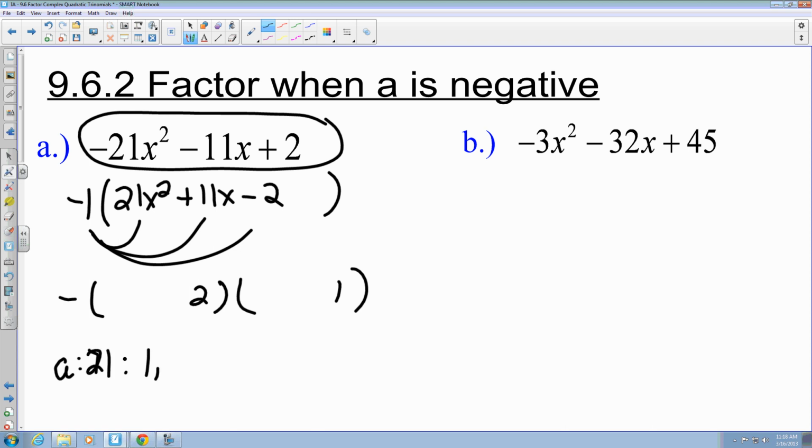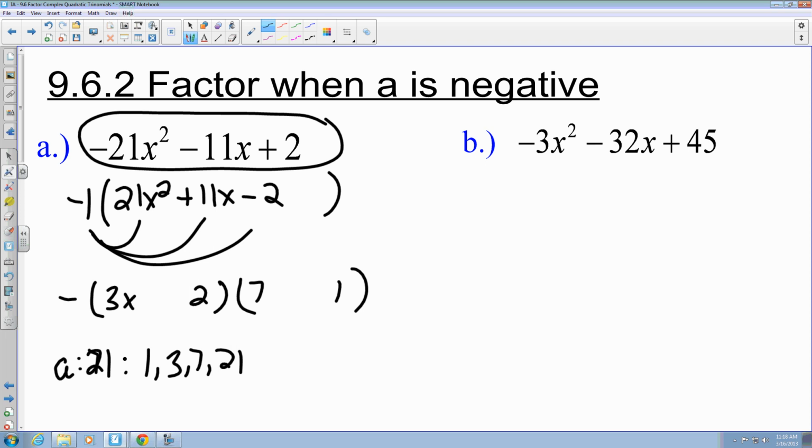And then it goes 1, 3, 7, 21. I always like to start in the middle, so let's go 7. So 7 here times 2 will give me 14. And then 3 here will give me 3. 14 minus 3 will give me 11.